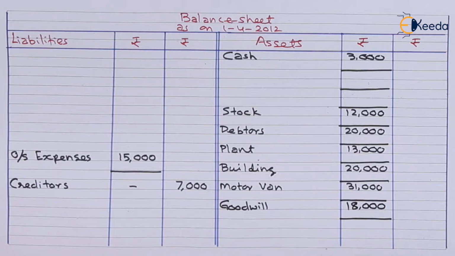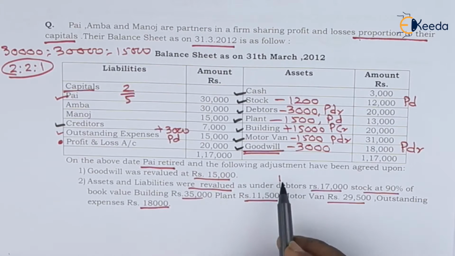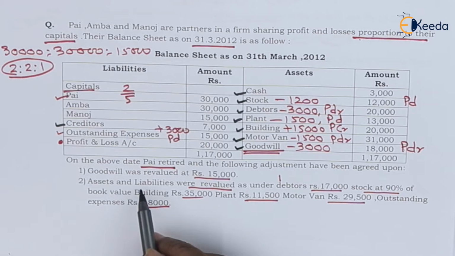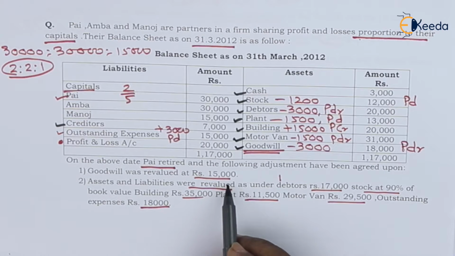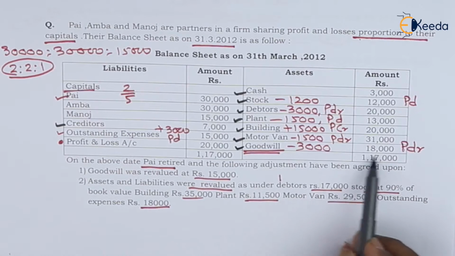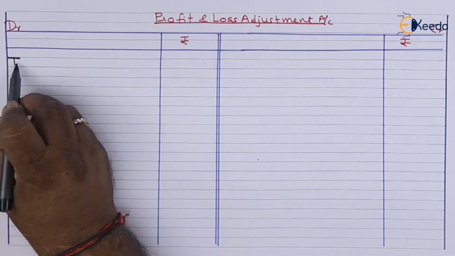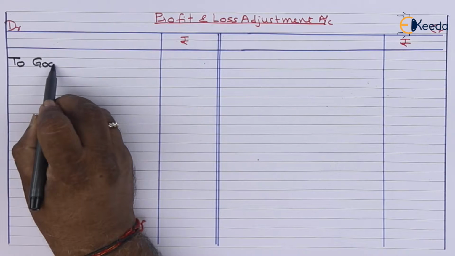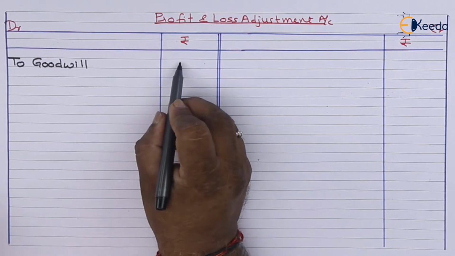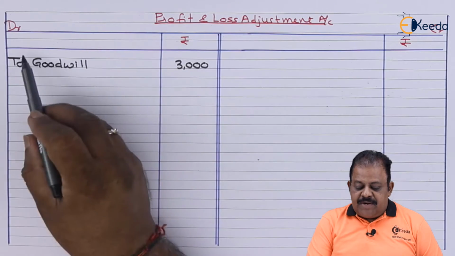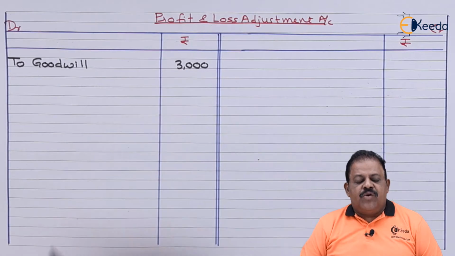Goodwill 18,000. On the above date, Pai retired and the following adjustments have been agreed upon. Goodwill revalued at 15,000. Here on the asset side it is 18,000, so we have to reduce it by 3,000. Second effect, profit and loss adjustment account debit to goodwill 3,000.